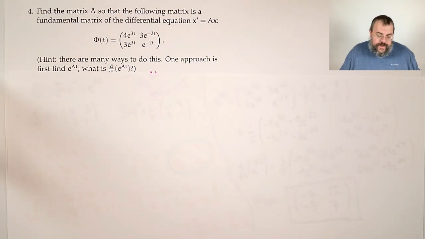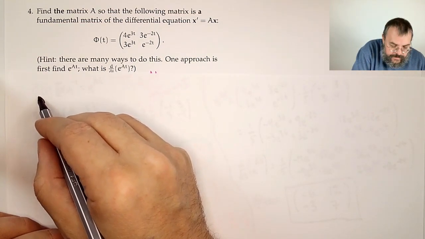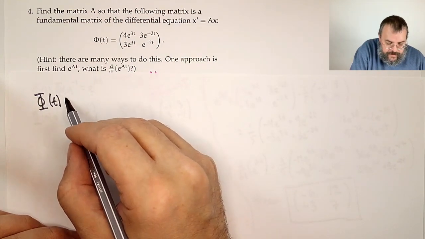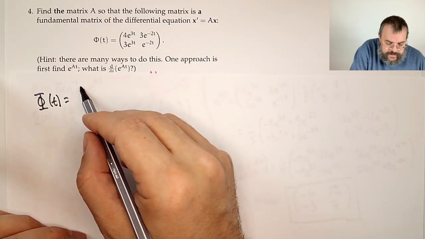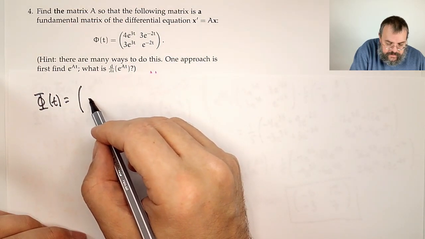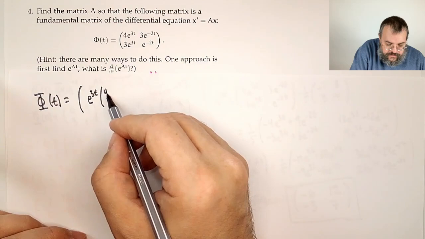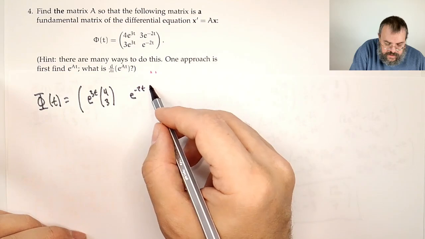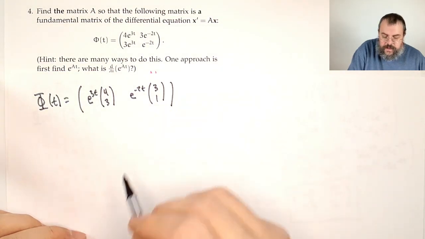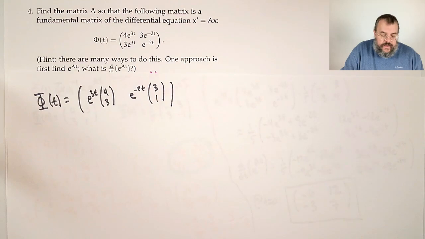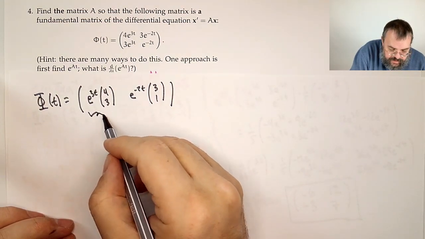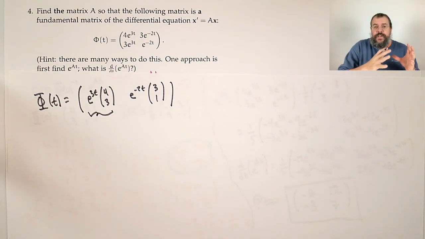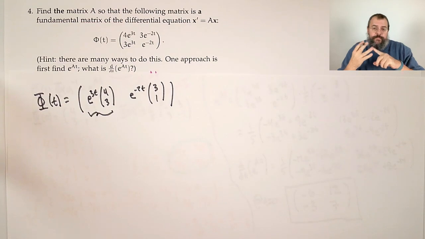Well, let's figure out what we can gain from phi. So we could say, hey, looking at this phi, I can think of this as e to the 3t 4, 3 as being the first column, and e to the minus 2t 3, 1 as the second column. Remember, these are coming from solutions, and these solutions come from eigenvalue, eigenvector pairs.